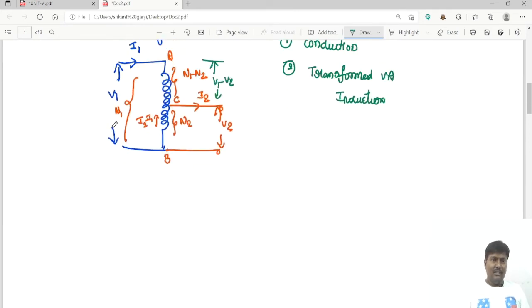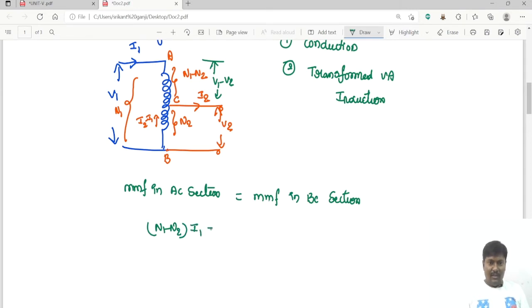Let's say the MMF in the AC section is transferred to the MMF in the BC section. The MMF in the AC section is N1 minus N2, and the current flowing in the AC section is I1.